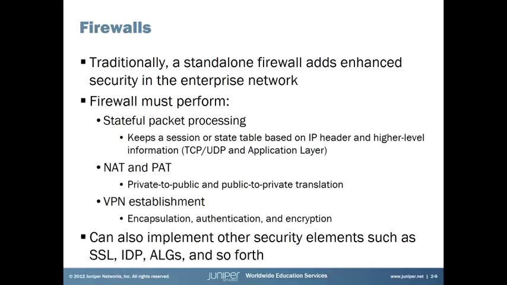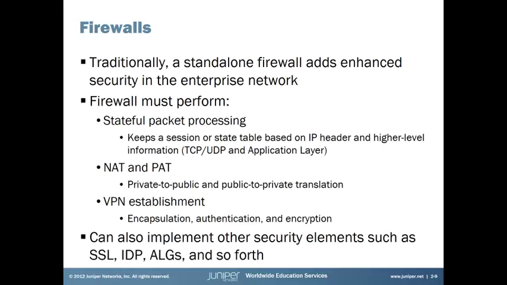What else do firewalls do? Well, they do NAT and PAT: NAT being network address translation, and PAT being port address translation. So they do private to public and public to private address translation. Typically that is a firewall function. Of course, routers can do that, but typically you want it happening in your firewall.